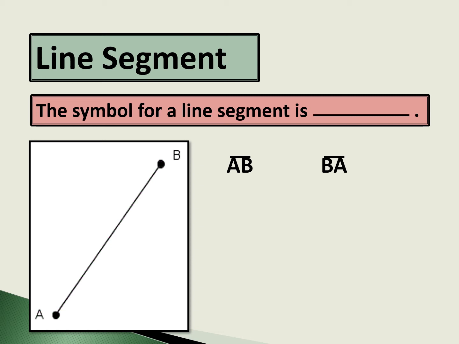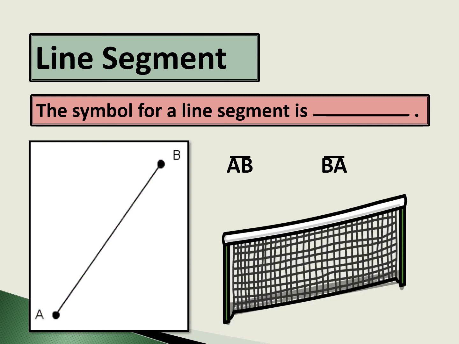Points A and B are the two endpoints of the line segment AB. We write it as AB with the symbol of the line segment on the top, or as BA with the symbol of the line segment on the top. A tennis net can be taken as a physical representation of a line segment. It has a definite starting point and ending point.